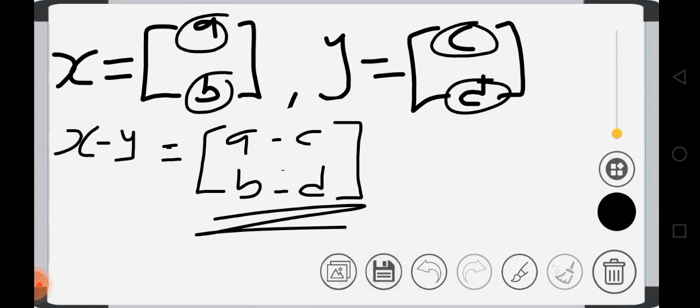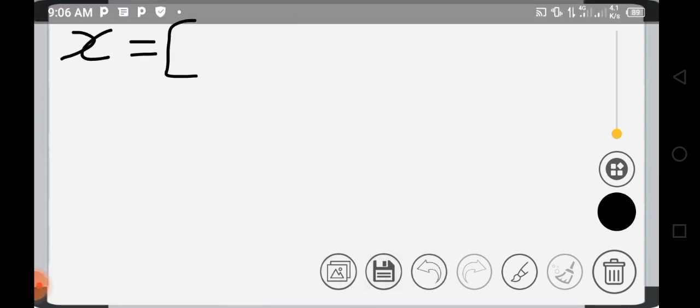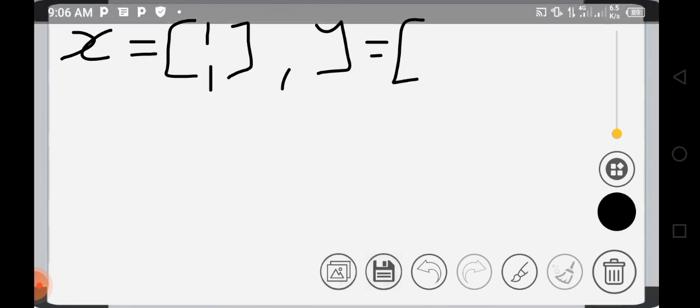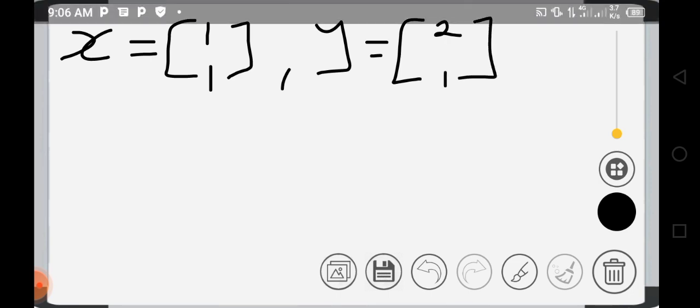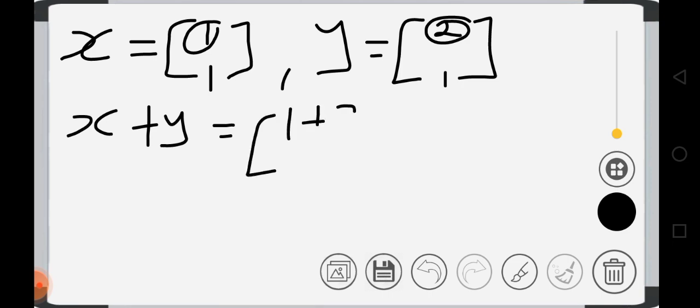Now let's look at this question. If x is equal to (1, 1) and y is equal to (2, 1), then what will be x plus y? x plus y will be this plus this first, which is 1 plus 2.